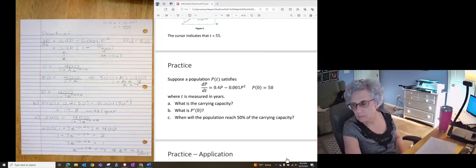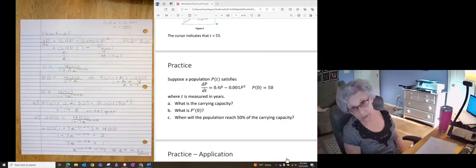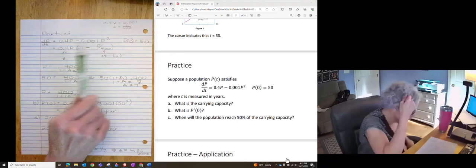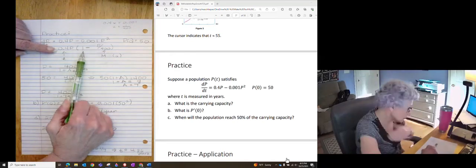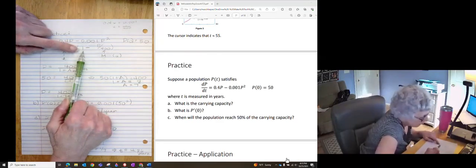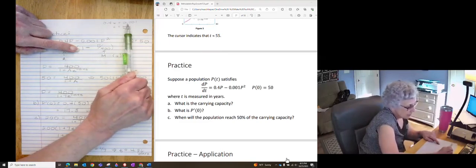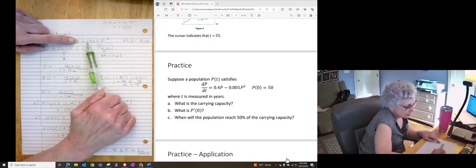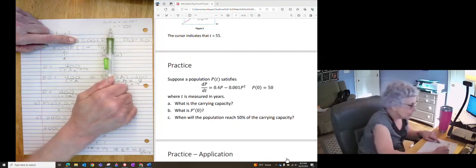How do we do? So first thing I had to do was rewrite it. So I factored out 0.4p, so I had a 1 there. I needed to figure out what I had to multiply by, so I would have 0.001 to factor out the 0.4.